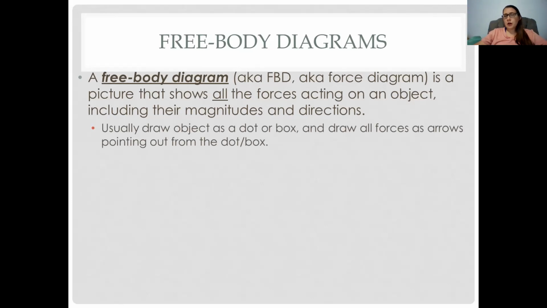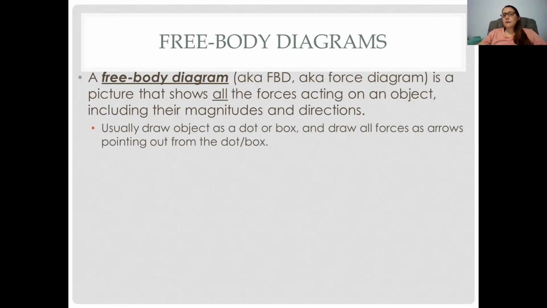So usually when we draw a free body diagram, we'll represent the object as either a dot or a little box, just so you don't have to draw a car or a person or a satellite or whatever it is that the question is asking about. So we'll just draw it as a really simple shape.